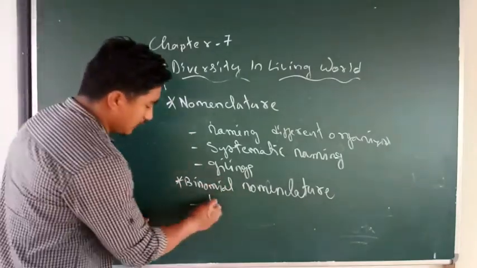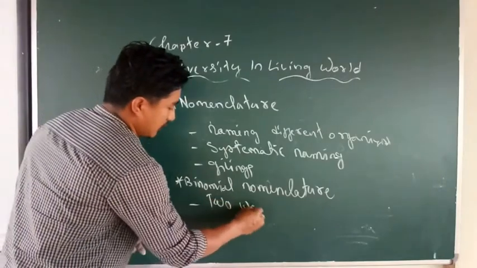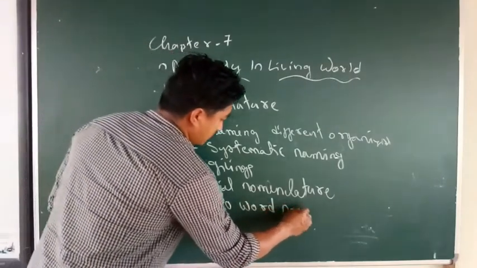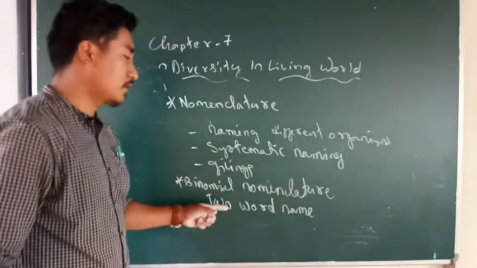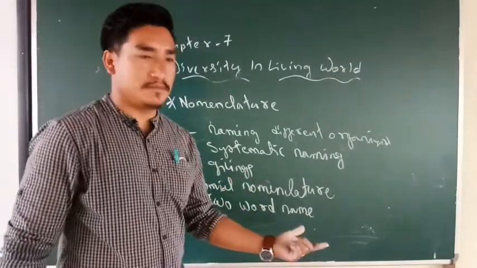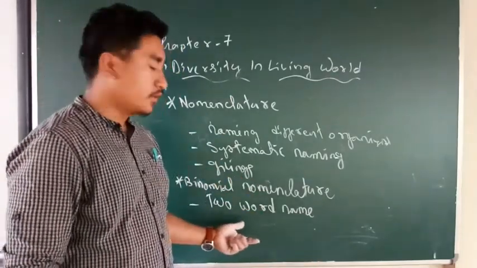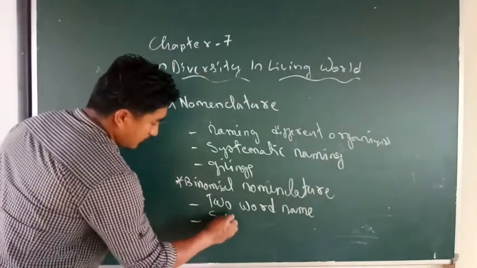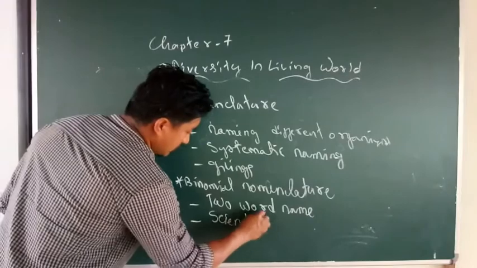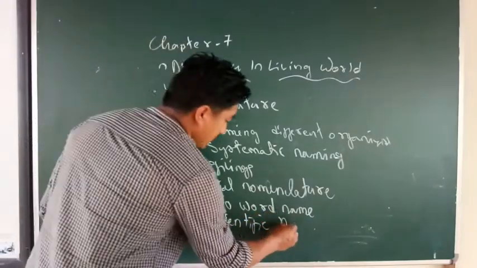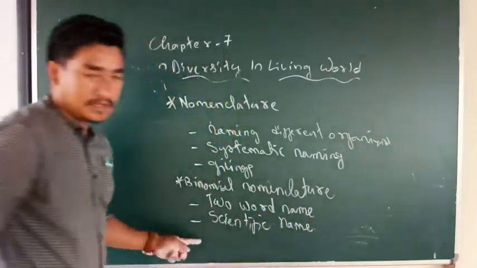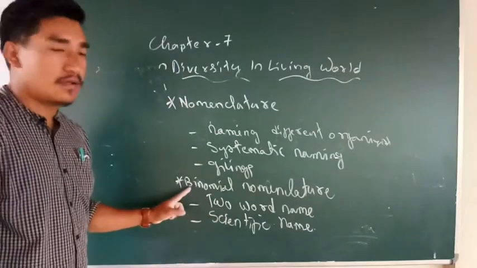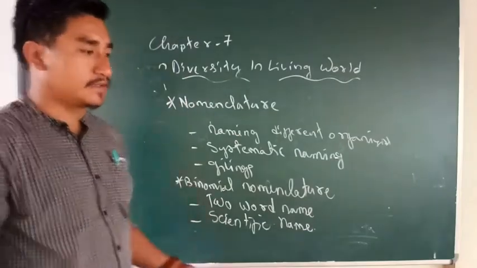Assigning a two-word name to a particular organism, that is called binomial nomenclature.